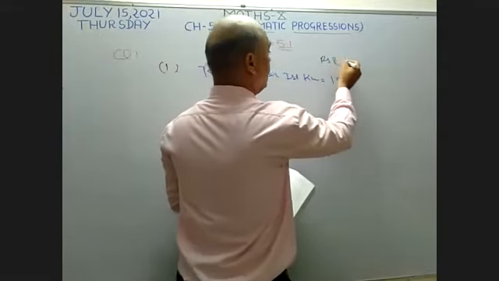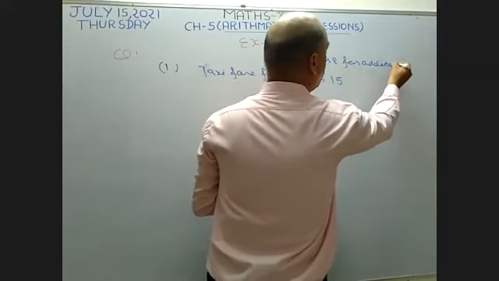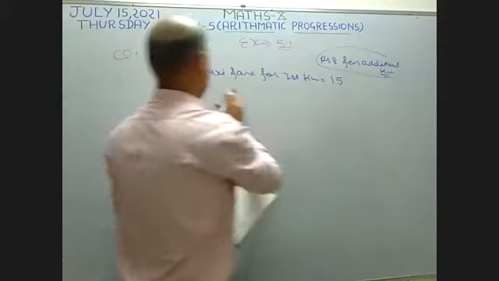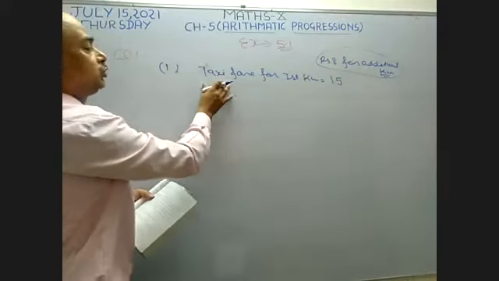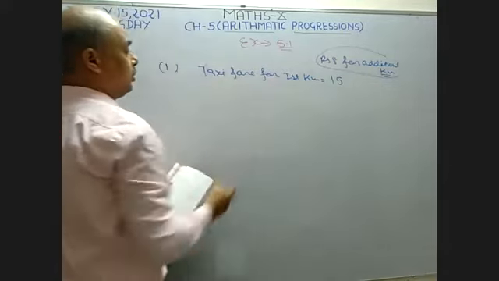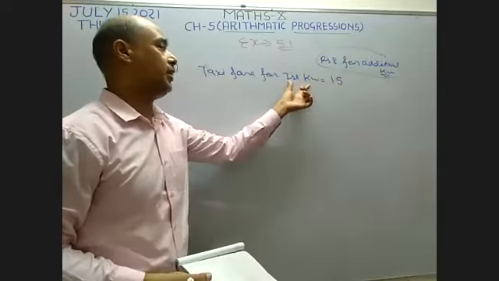Rupees 8 for each additional kilometer. What is the meaning of additional kilometer? One person is going to take a taxi for the first 1 kilometer. If he is going 1 kilometer by taxi, he is going to pay rupees 15 for the first kilometer.